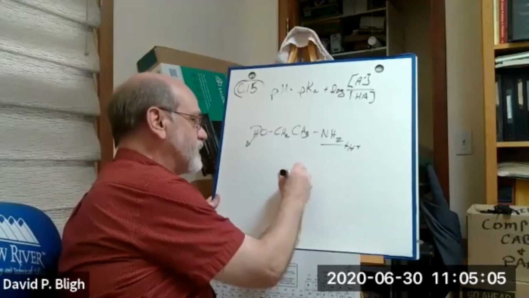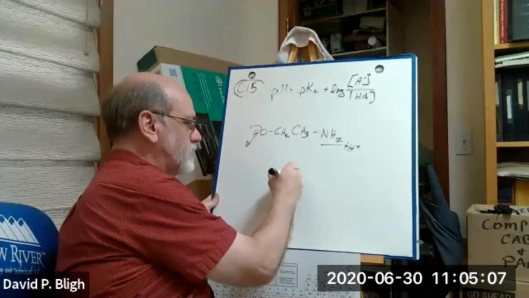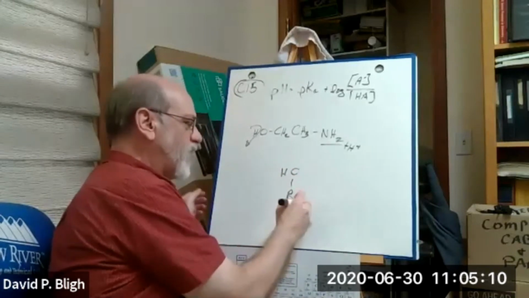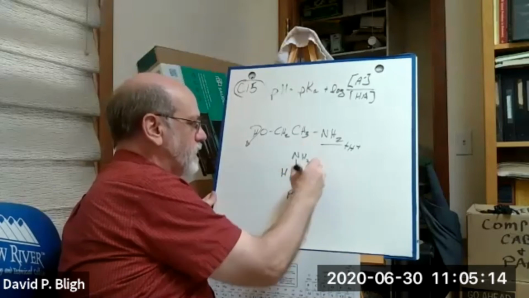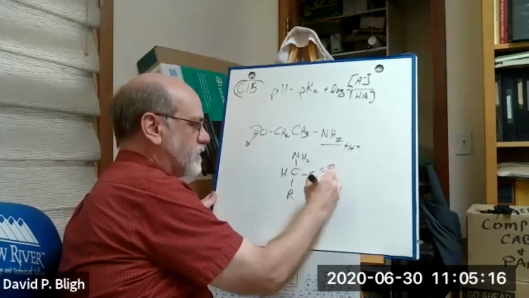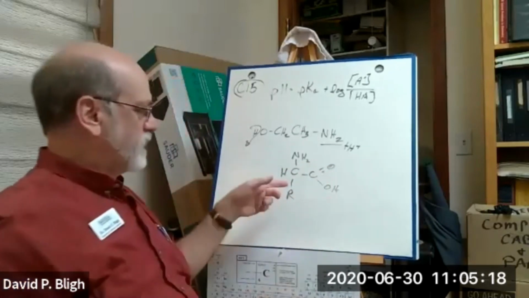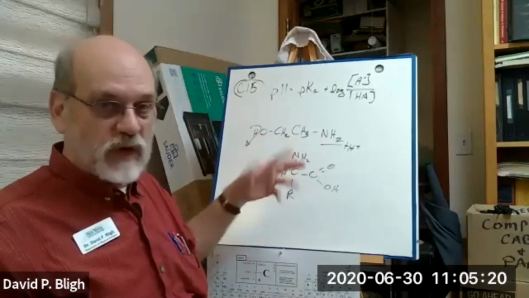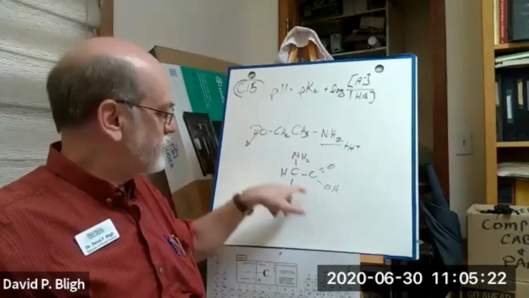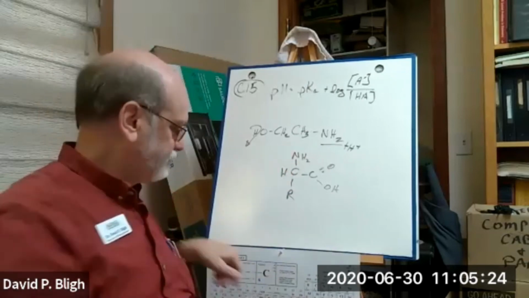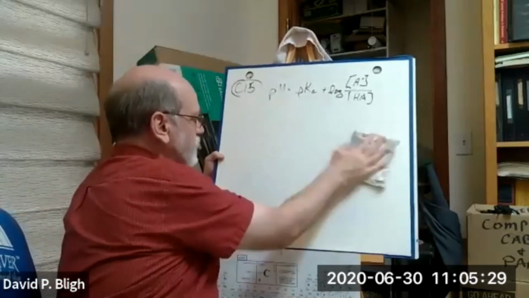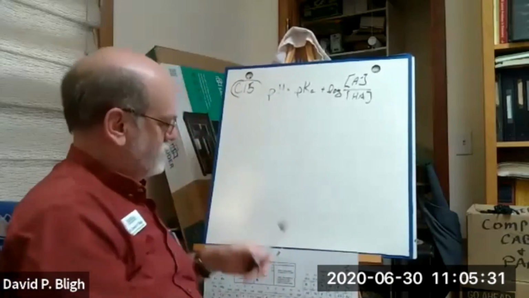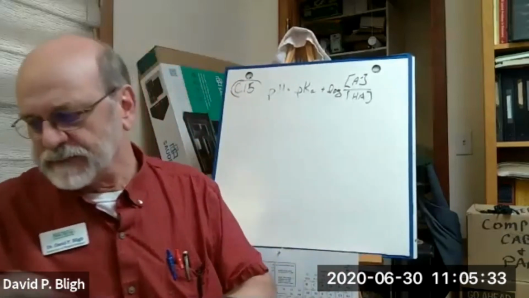Amino acids have this central carbon, and then they have some group out here, and then they have the amine group and the carboxylic acid group. So amino acids also have that duality. There's a pKa for this one and a pKb for that one. Okay. So 24 is just, you just need to know that structure.